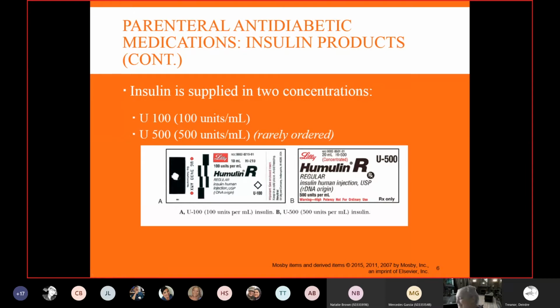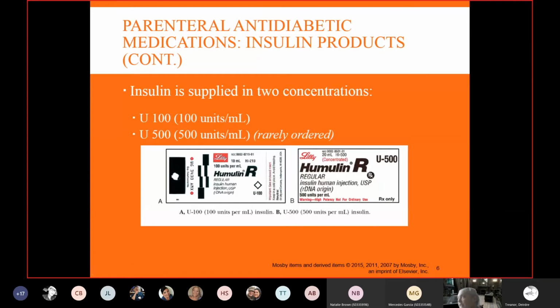U100 is not the total amount in the vial. It refers to the concentration per milliliter. So as you can see on the left side, right above the 100U, you see 10 milliliters. There are 10 milliliters in here, and there's 100 units per each milliliter.